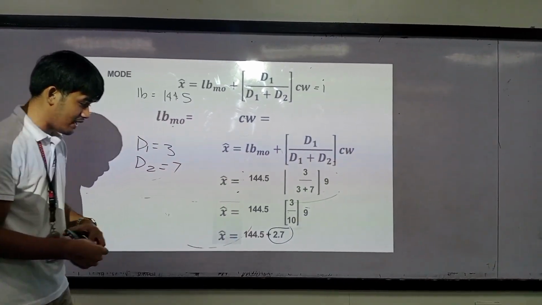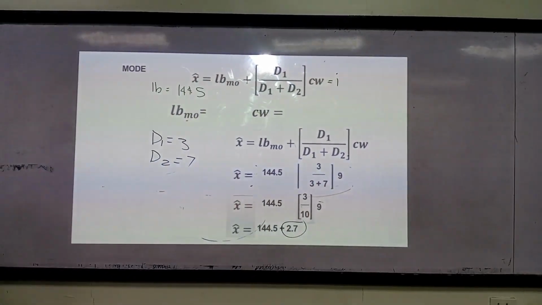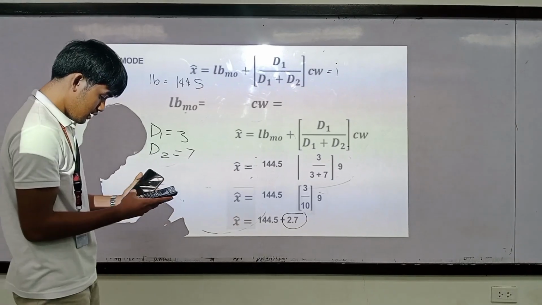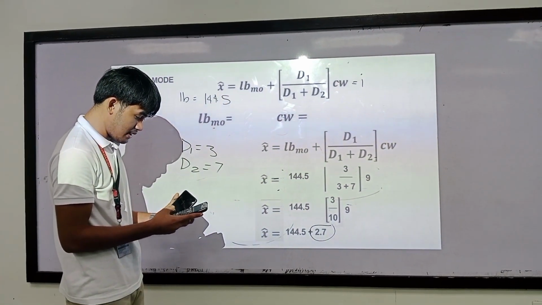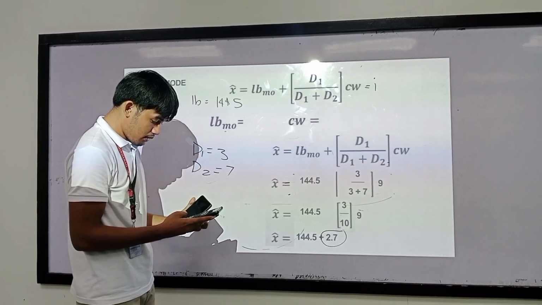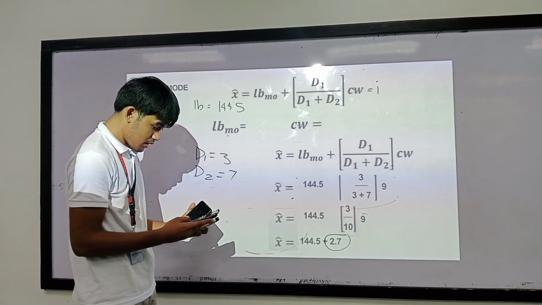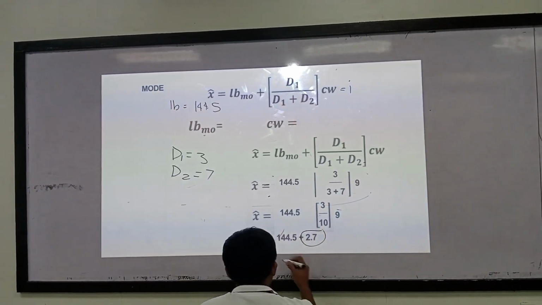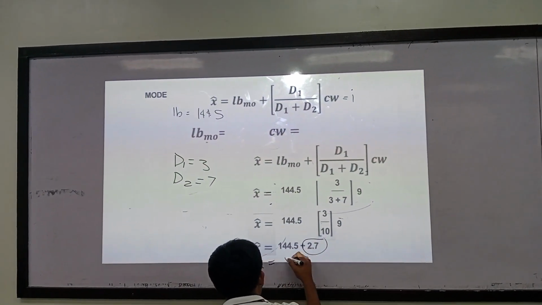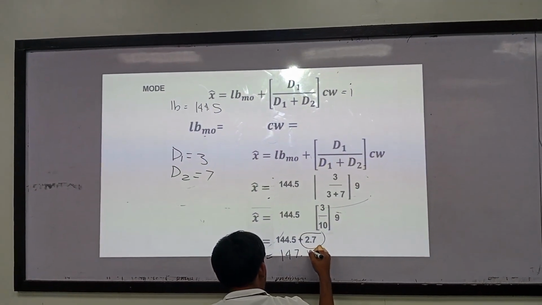144.5 plus 2.7, then we can get the value of 147.2.